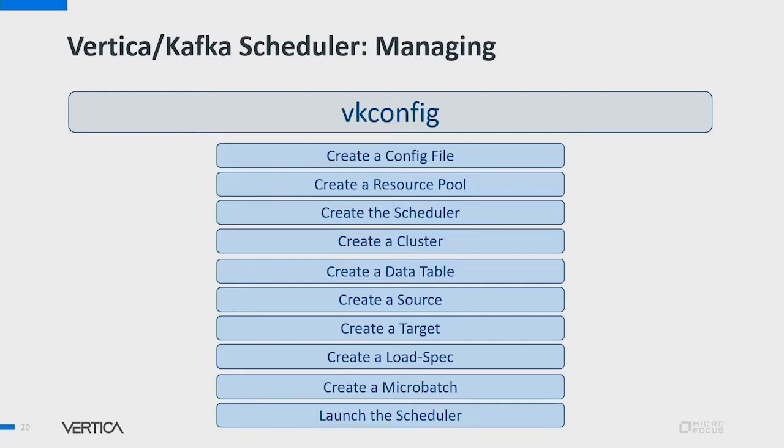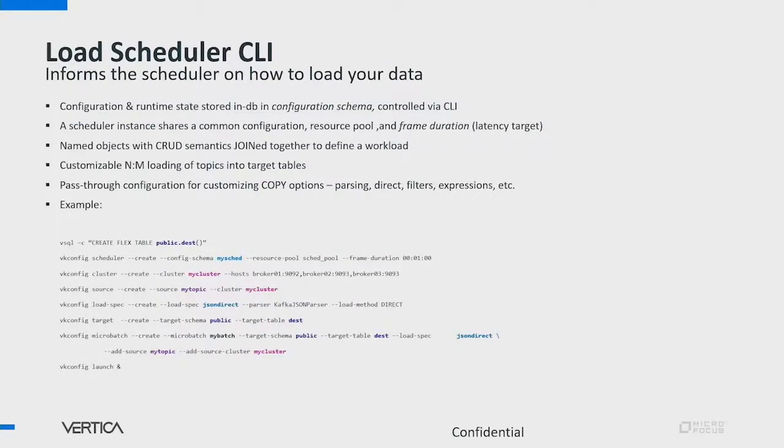What we saw is that we create a resource pool, we create a scheduler cluster, a data source, a data target, and then finally a load spec and microbatch, and then we launch the scheduler with all this information. To do this, the vconfig script is installed as part of Vertica, and it has a defined command line interface. An important thing to understand is that all the configuration and even the runtime state of these components is stored inside the Vertica database in a particular schema.